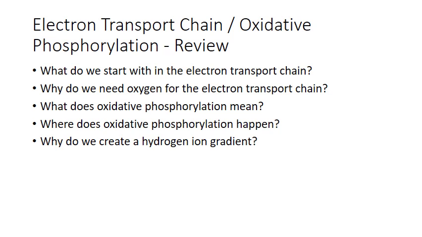So we started with NADH and FADH2. And so why do we need an oxygen at the end of the electron transport chain? Yeah, it's electronegative. So another way to think about it too is if you didn't have an oxygen, then your electron would just end at the end of the electron transport chain and it wouldn't go anywhere, and they would just start to accumulate, and then you'd have a lot of negative charges there, and then it would stop working. But when we have this oxygen, now we can just give the electron to that, and it can just leave the mitochondria, and now you're not accumulating anything there.